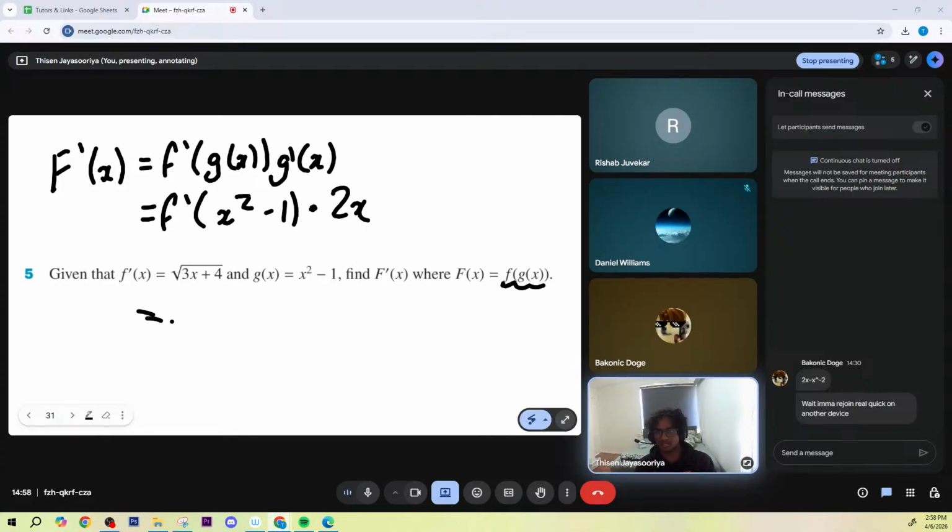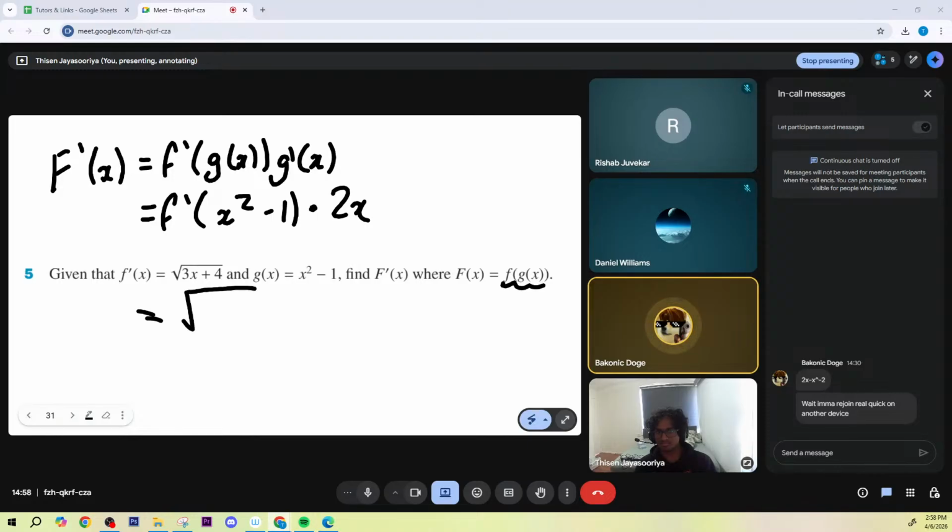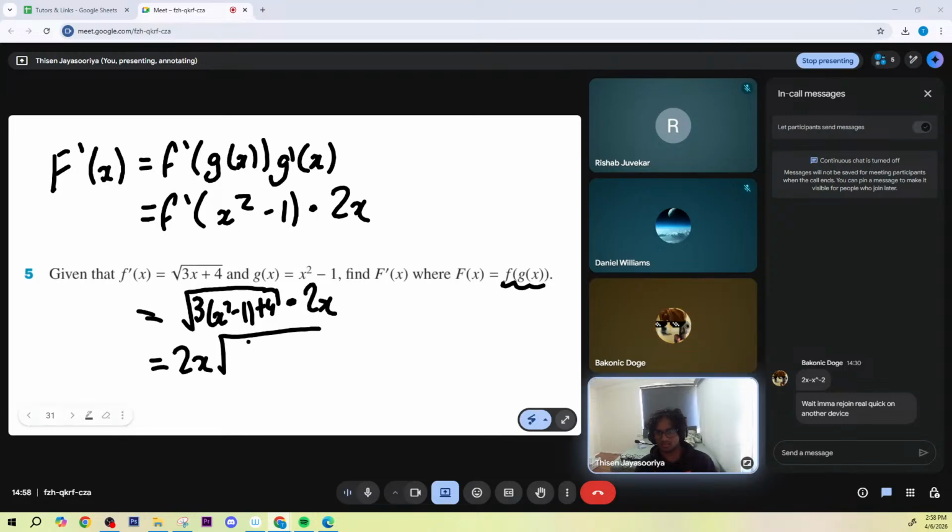So that means we get, Joe, finish it off first. What would that be? Square root of 3x squared minus 1 plus 4 times 2x, which is just the same thing. It's 2x square root of 3x squared take away 3 plus 4, which is just 1.